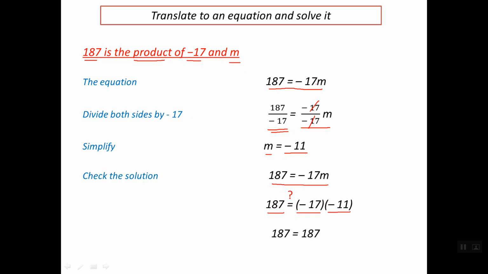The left side is 187 and the right side is the product of minus 17 and minus 11. Minus multiplied by minus gives us a positive sign, and 17 times 11 is 187. So the equation is true and balanced. So our solution is correct.